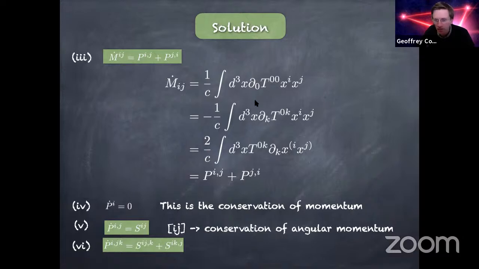The others are the same kind of thing. There's nothing conceptually new. So you have the conservation of momentum, which you can obtain easily. And here, this is symmetric, so if you take the antisymmetrized part of the left-hand side, it is 0. This is actually a conservation of angular momentum that you can see here. And this third relation we will need later on.